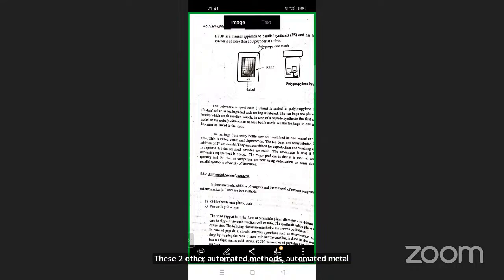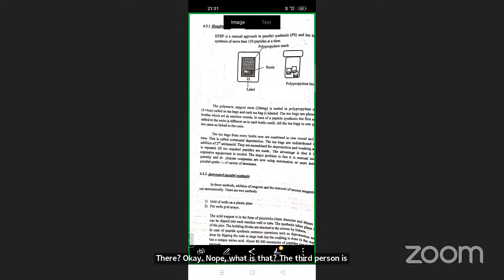Automated method means no human being is operating the reaction. It is machinery. You simply put the switch on, then the reaction takes place there, and no third person is operating the reaction.